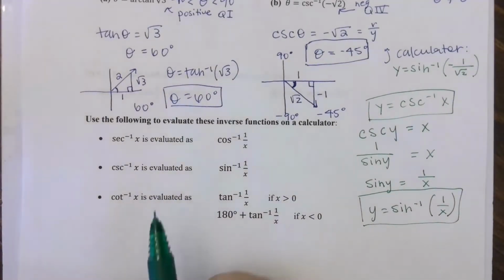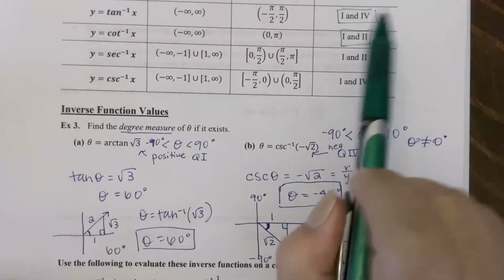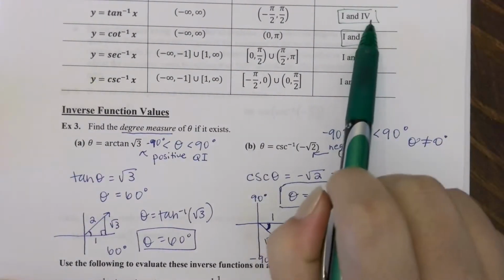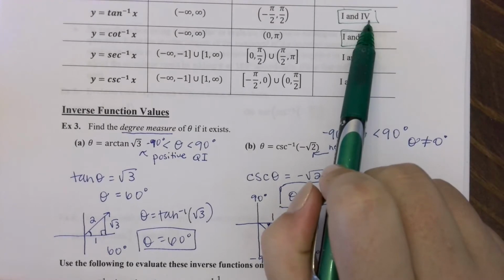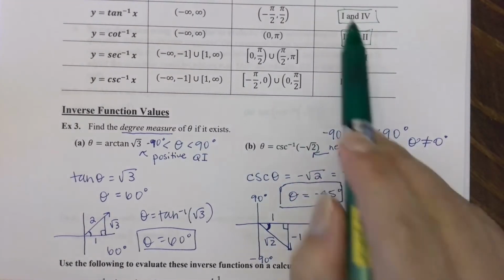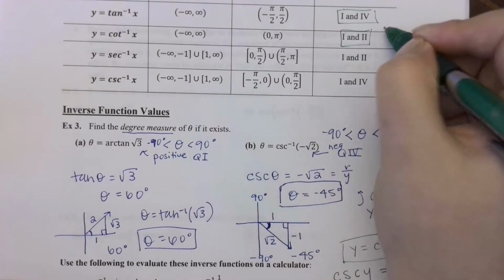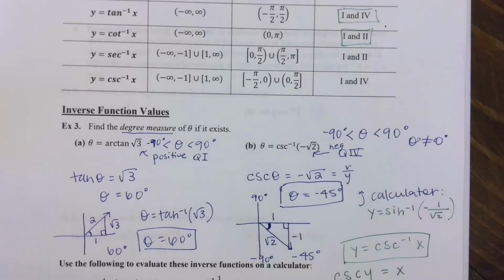The problem comes if x is less than 0. Then cotangent is in quadrant 2, while tangent is in quadrant 4. Just plugging in tan inverse of 1 over x is going to give you an answer in quadrant 4, which does not exist for cotangent.